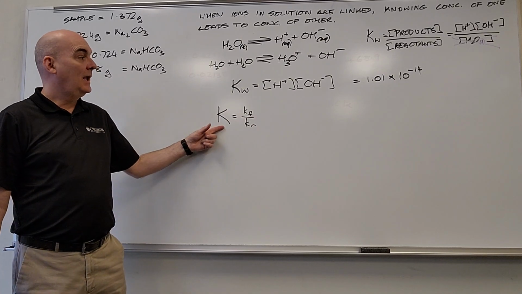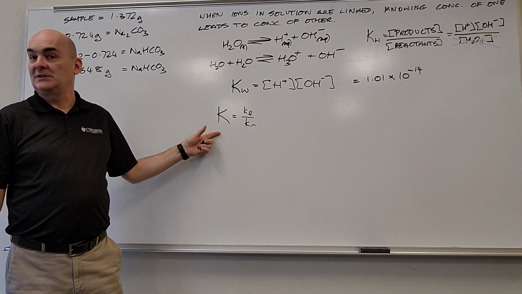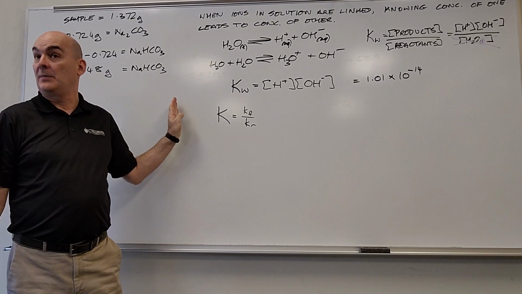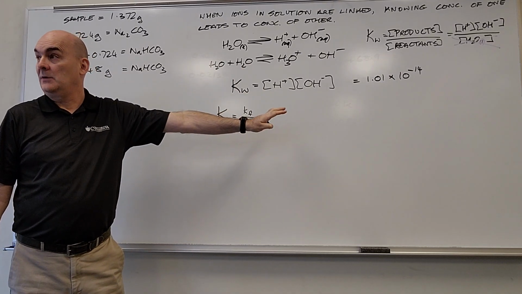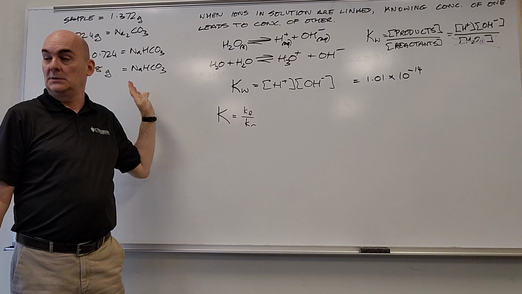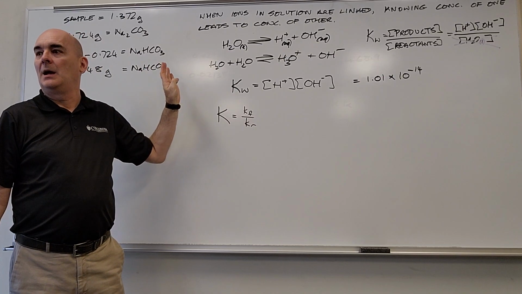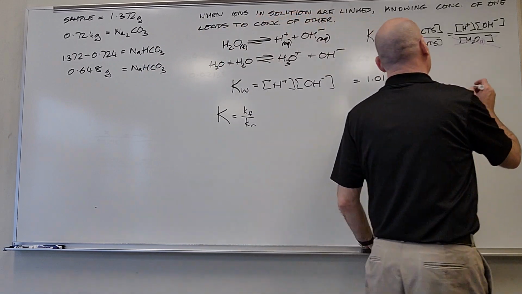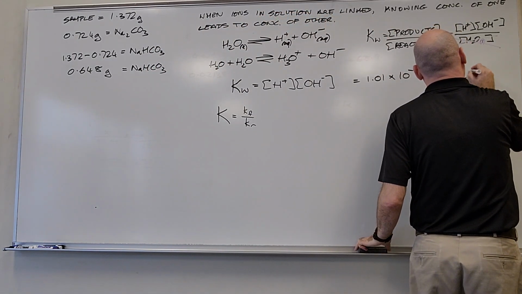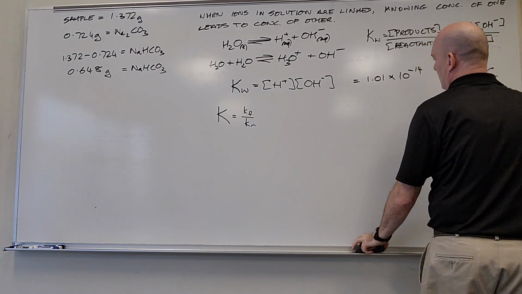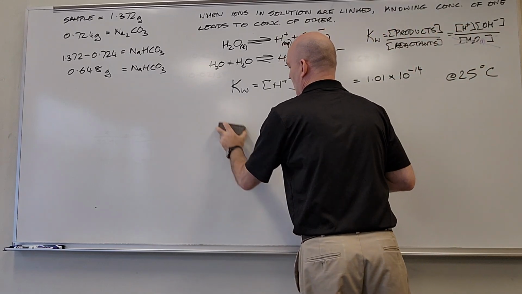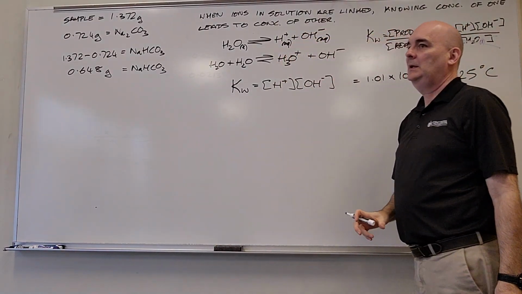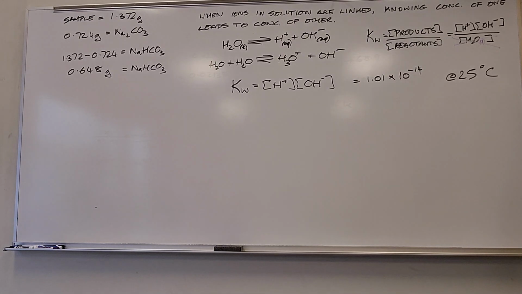We decided that K was too complicated to have units and we were just going to live with the number, because the number is either over there, bigger than 1, or over here, less than 1. Temperature. That number, because it's a K, is temperature dependent.